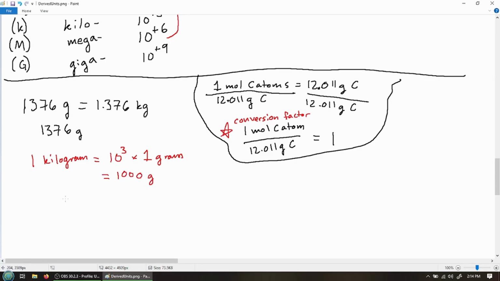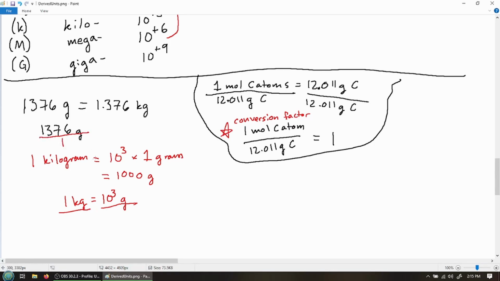So what we can do is, now that we have this relationship set up where 1 kilogram equals, and I'm just going to write this now as 10 to the third grams, we can divide each side by either one of these. Well, which one do we want to divide by in this case? We start out with grams, so we're going to want to divide out that unit. Grams here is essentially in the numerator of an implied fraction.